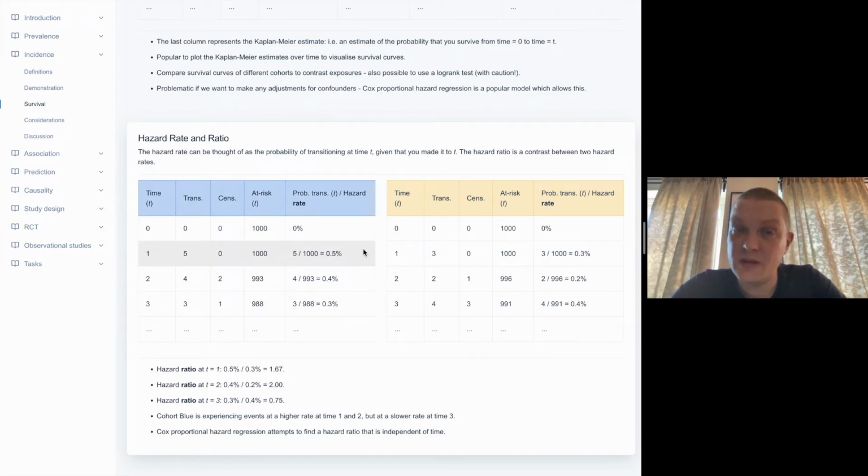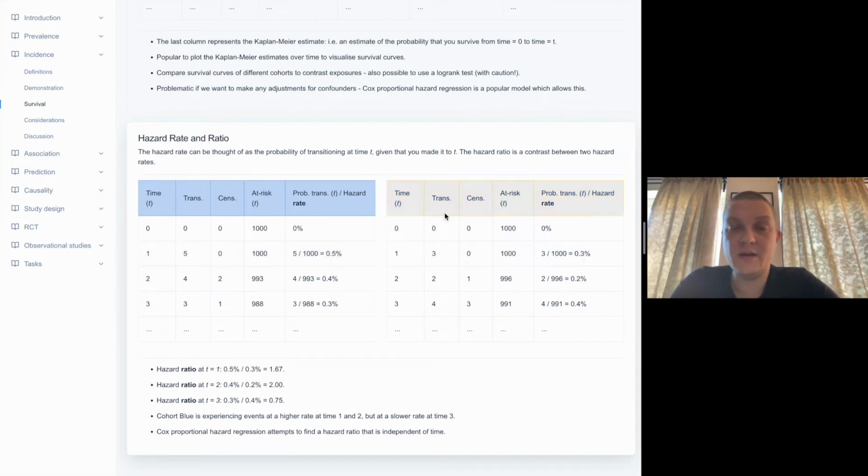It is the probability that you will transfer from the non-disease state to the disease state, given that you made it this far. So it's exactly as when I showed the Kaplan-Meier. So you could look at the Kaplan-Meier material to see exactly how to calculate this. But it's basically the number of people transitioning at a given point in time divided by the number of people that are still at risk at that point in time.